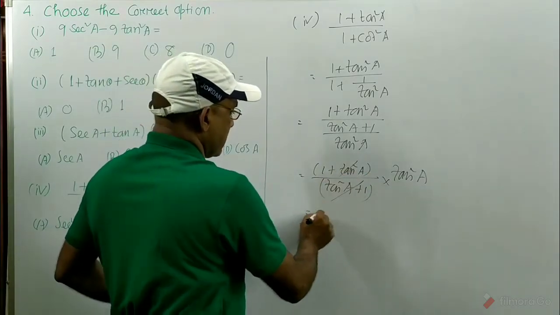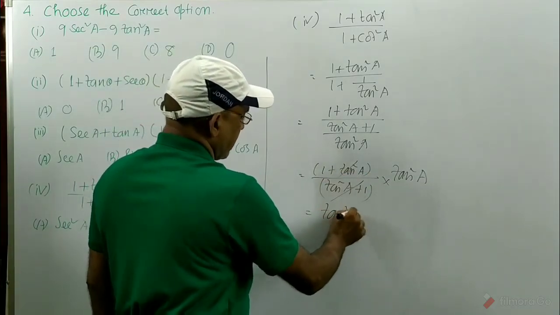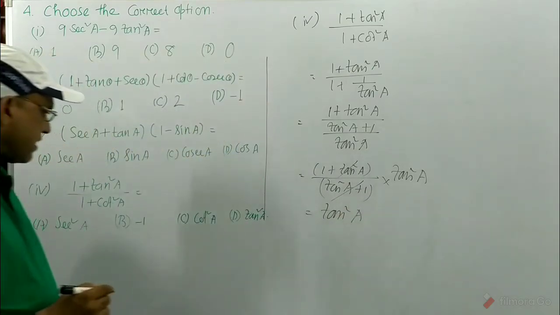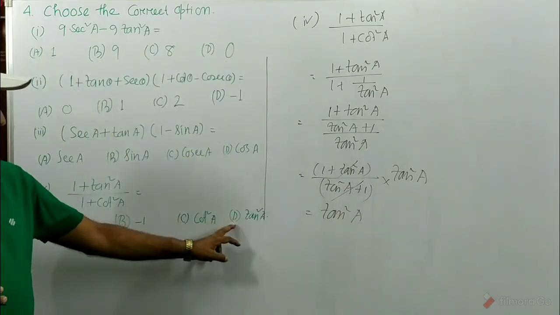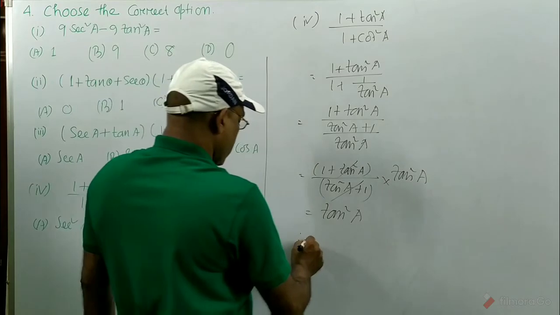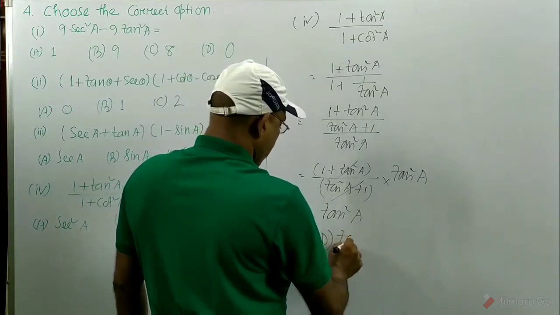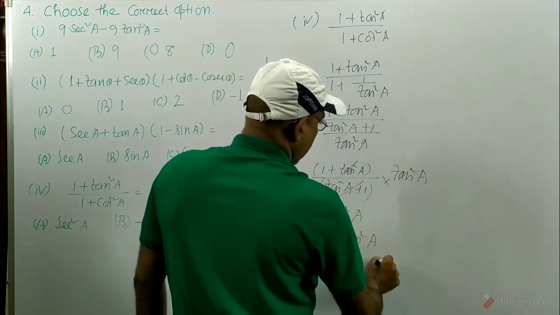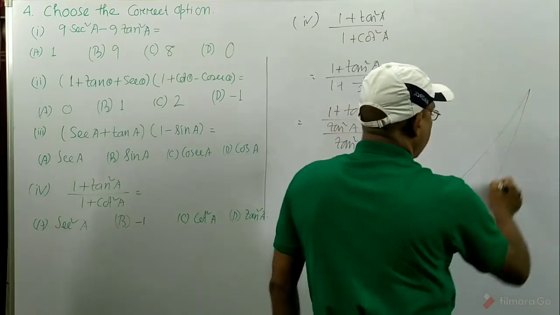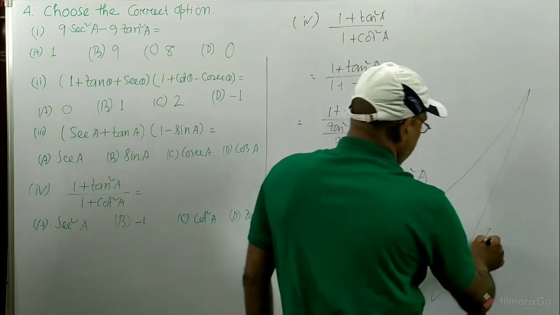The answer is tan square A, which is option D. So D, tan square A, is our answer.